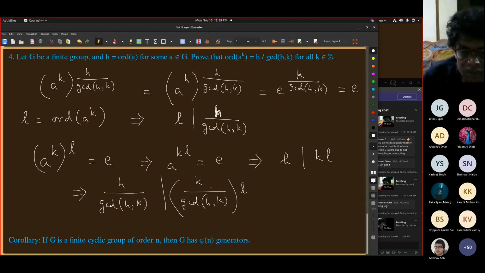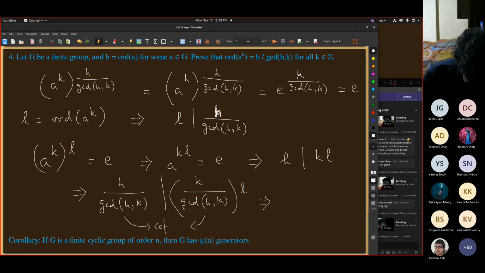Therefore, H over GCD(H,K) must divide L. So on the one hand, I have this, on the other, I have this, so they must be equal.